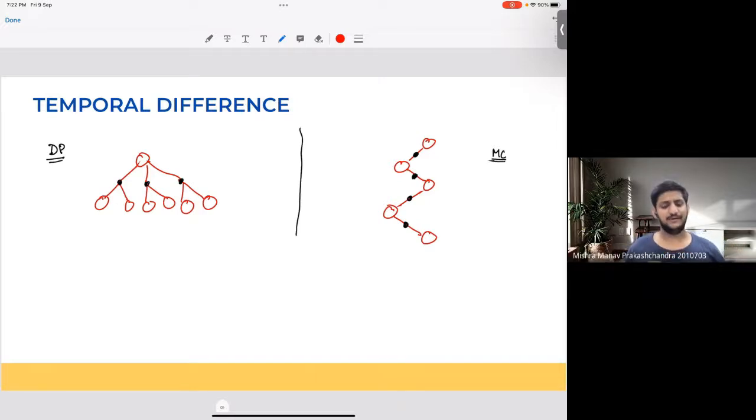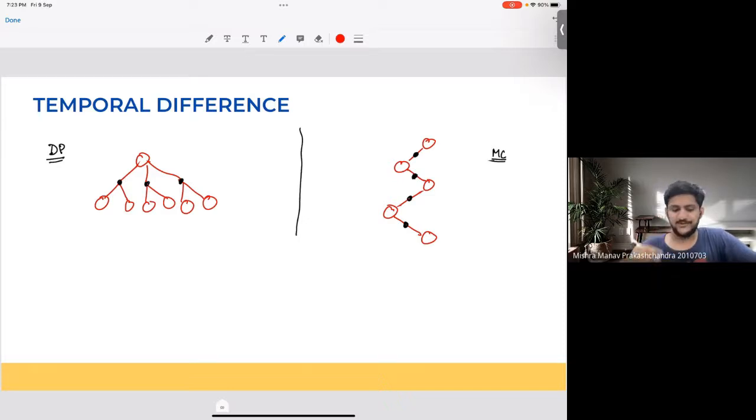What happens in dynamic programming is you have access to the entire model itself, so you know the probabilities with which you can take certain actions and all the possible next states that you can reach by taking those actions, and so on. So you have some sort of a branching tree. When you're trying to do an update, let's say this red circle represents the states, and this black dot represents the action.